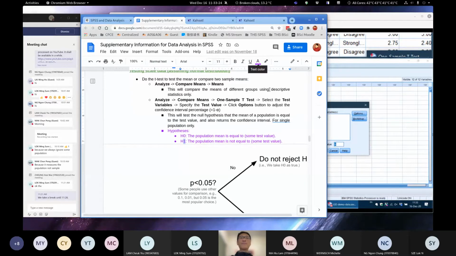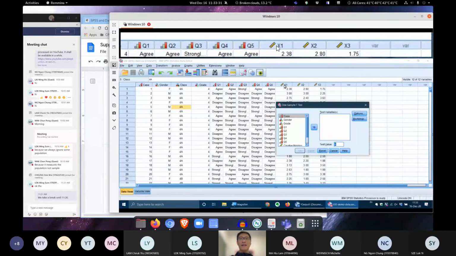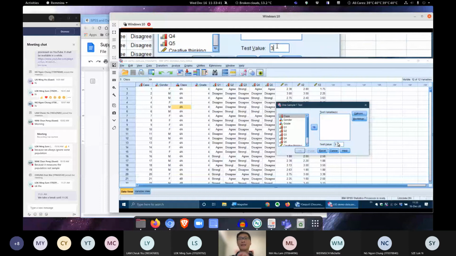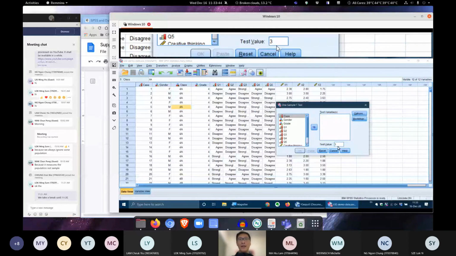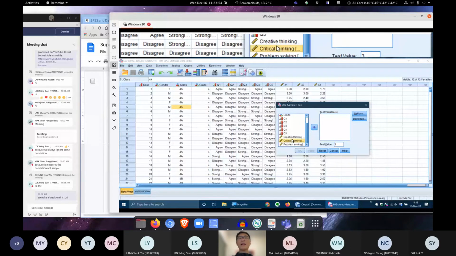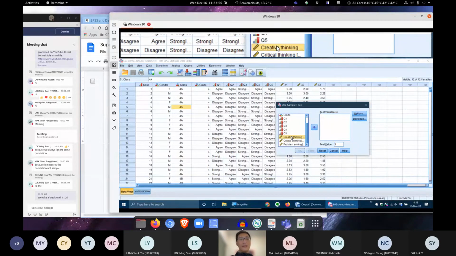Now, so let's say if I want to test if my value here, X1 here, I want to know if the population mean is equal to some test value. Now, let's say we put a 3 here. So it means that I want to know if the population mean is equal to 3. Okay, so we put a test value of 3 here. And for the variable, now notice that for the t-test, we can only use scale level data.